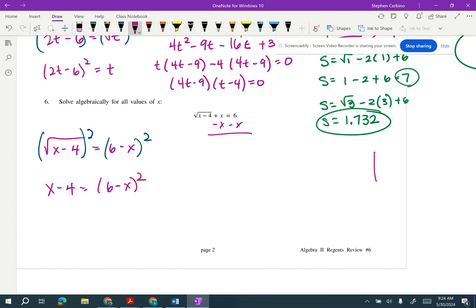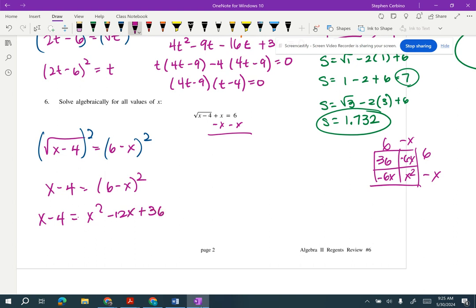Again, make some boxes. So we have 6 minus x and 6 minus x. We have 36, negative 6x, negative 6x, and x squared. So we have x minus 4 is equal to x squared minus 12x plus 36.